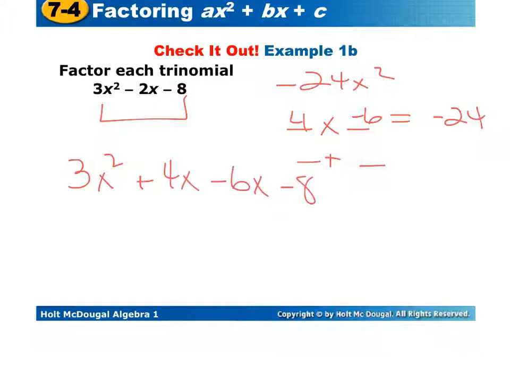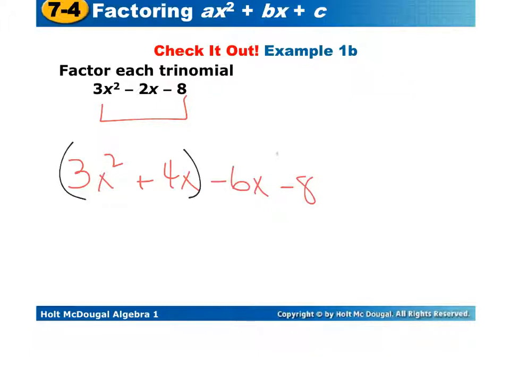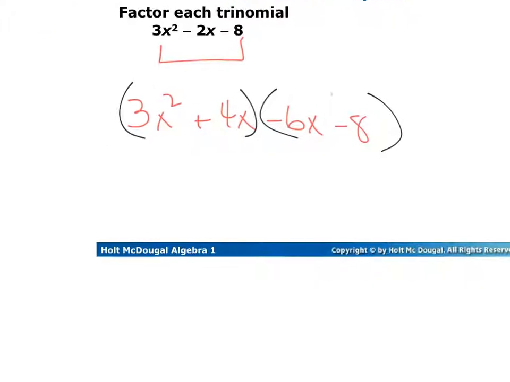All right, now notice, make room here. Now, I'm going to make my groups here. Okay, so what is my greatest common factor of my first group? 1x, right? So I'm going to divide it, and I get 3x plus 4.